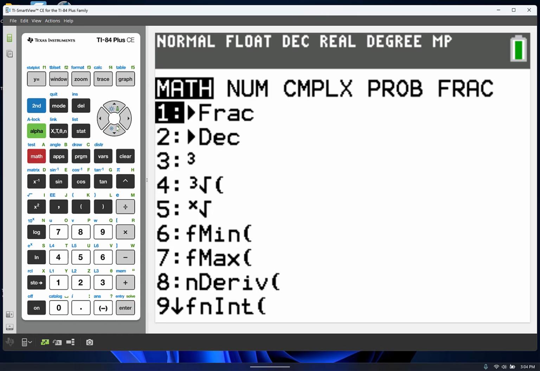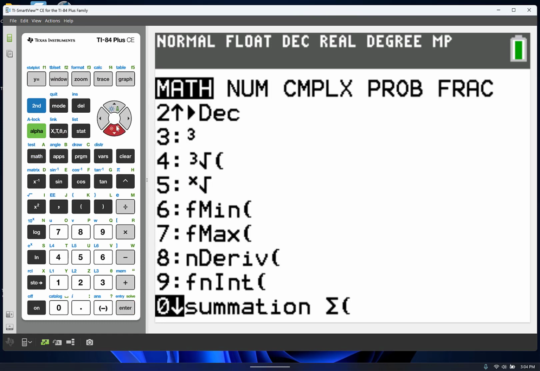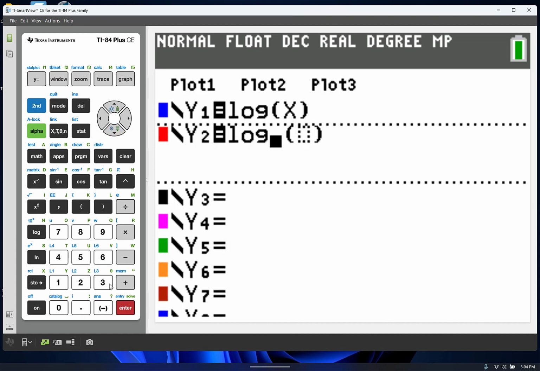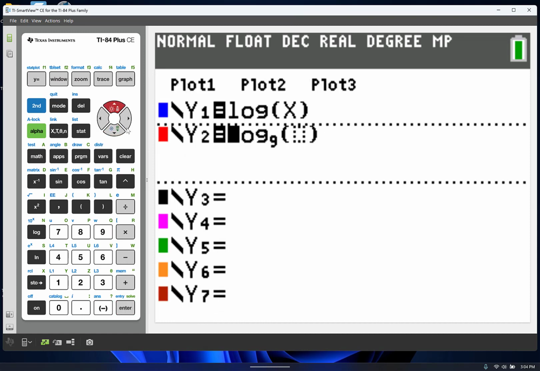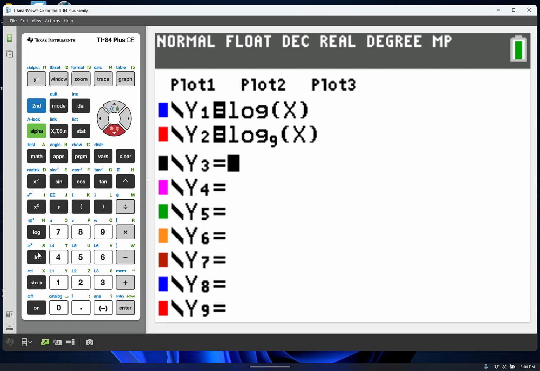I'm going to push math and scroll down until I see something that says log base, and I'll put a 9 here with an x on it. Then I'll do natural log x, which is the same thing as log base e, and then the last, I'll do a log base 2.